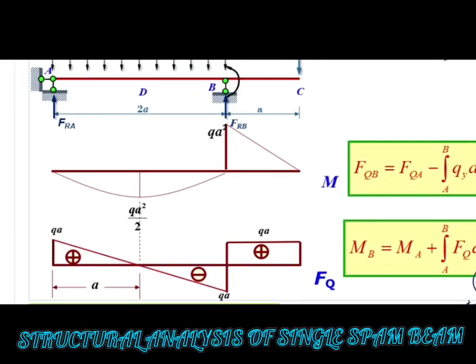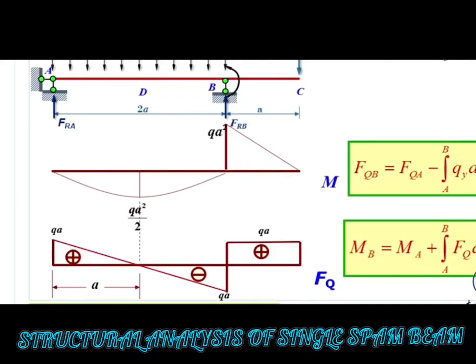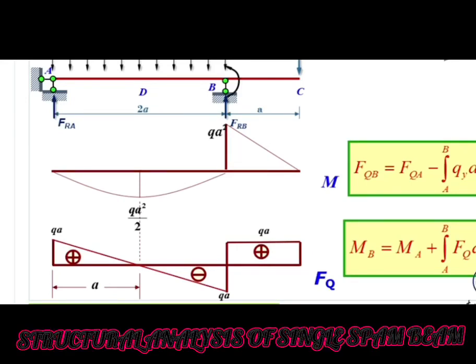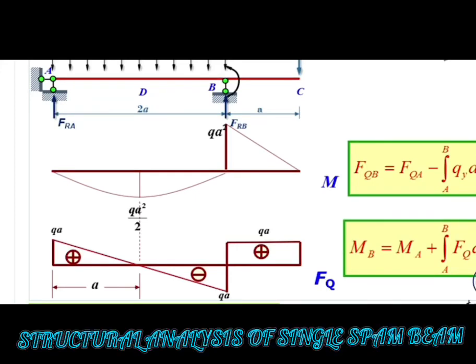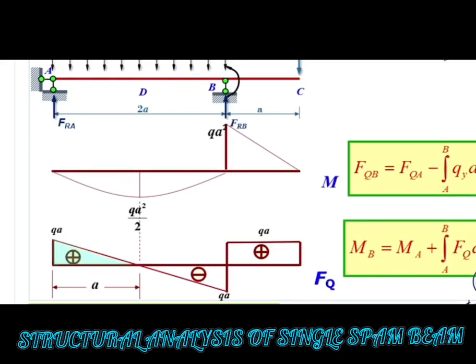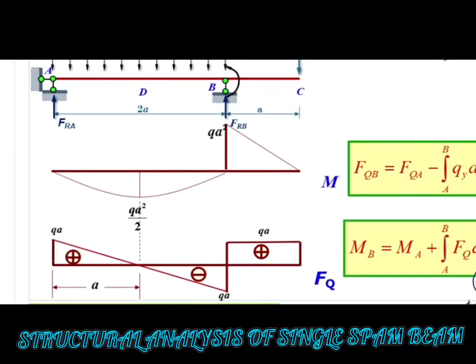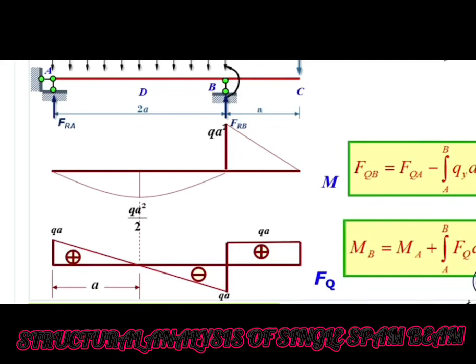For the DB part, F_QB is equal to F_QD minus the area of the uniformly distributed load, qa, so that's 0 minus qa, that's negative qa. Look at the bending moment diagram. For section D, M_D is equal to M_A plus the area of the shear force diagram for the AD part. That's equal to the area of this triangle, positive half of qa times a, so that's half of qa squared.